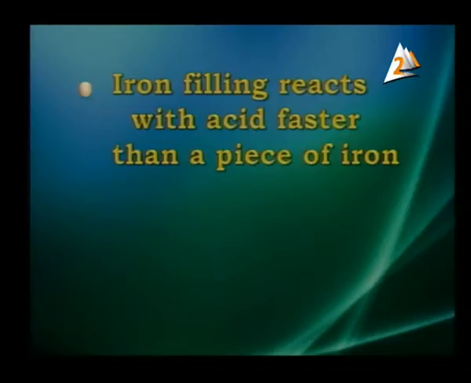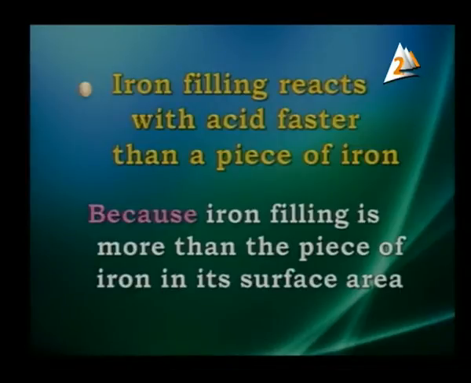Iron filling reacts with acid faster than a piece of iron. It is very clear. We have iron filling, it means a powder of iron, and we have a piece of iron. Which one has larger surface area? Yes, excellent. We have the iron filling. So the iron filling has the large surface area.